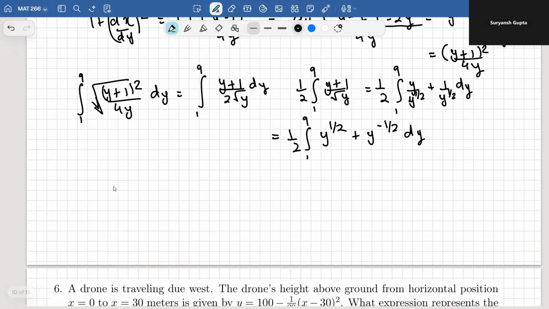My arc length ends up being 1 by 2 times, and now I'm just doing the integration using the power rule. I get 2 over 3 y to the power 3 over 2 plus 2y to the power 1 over 2, going from 1 to 9.